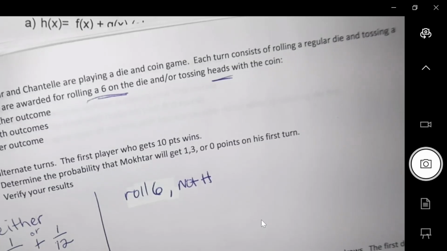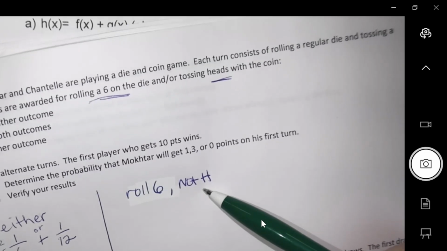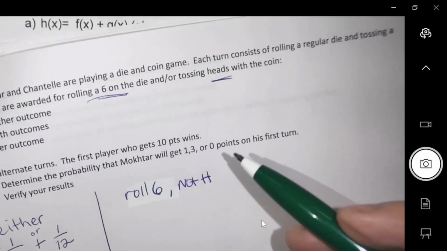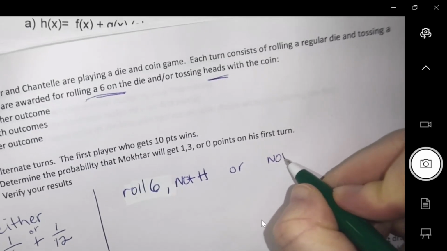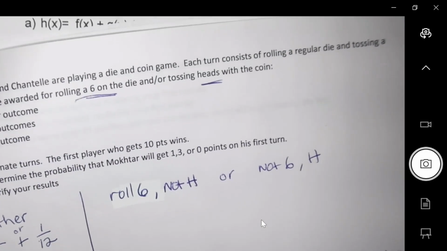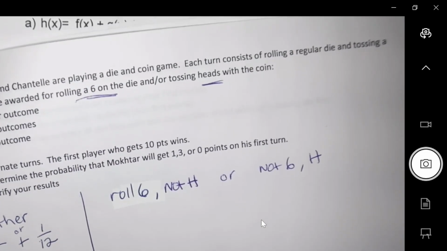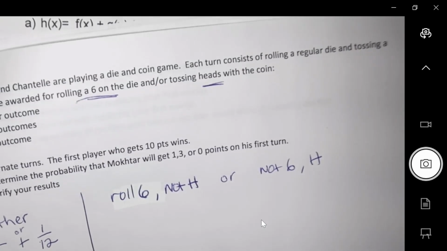I don't think this will come out the same. So you're getting one and not getting the other. Or you could not get a 6, but you could roll a head, right? Because you're supposed to get one and fail on the other. Or you could have flopped that around.